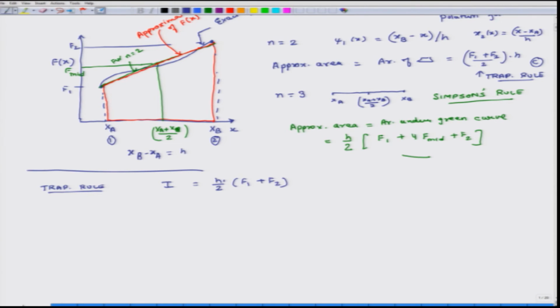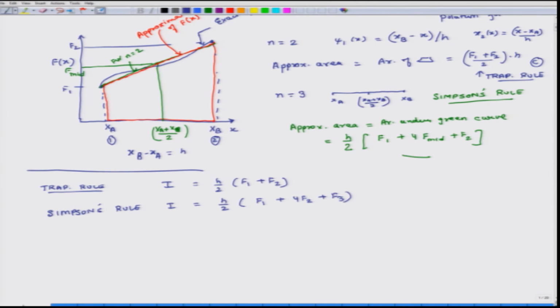Okay. From Simpson's rule, the integral was h by 2 into f1 plus 4 f2 plus f3.